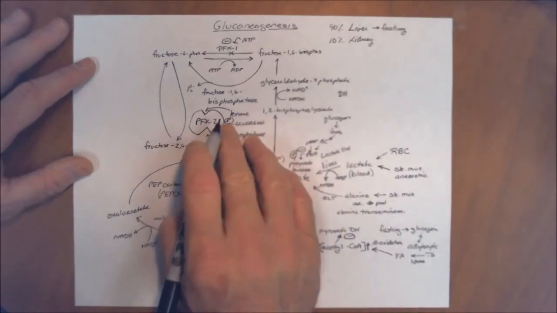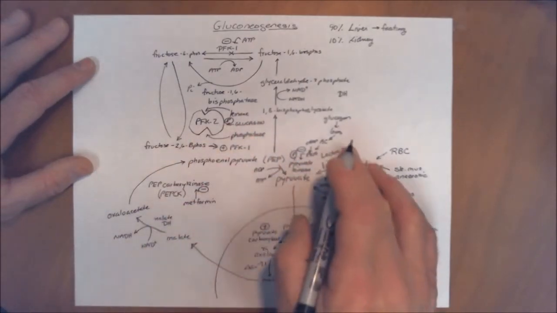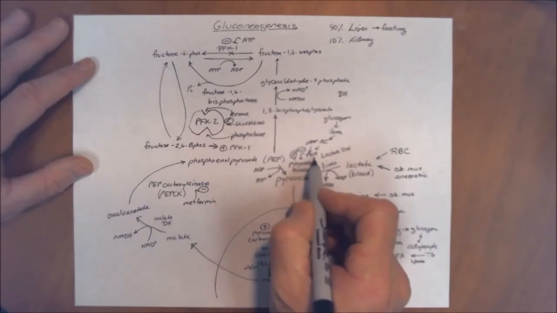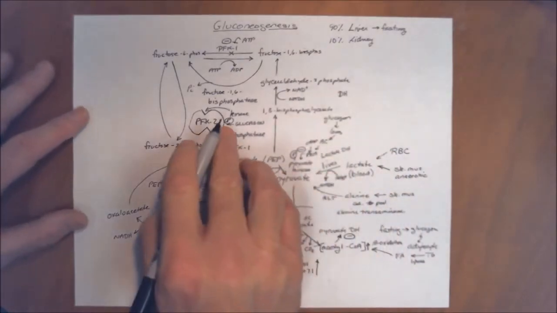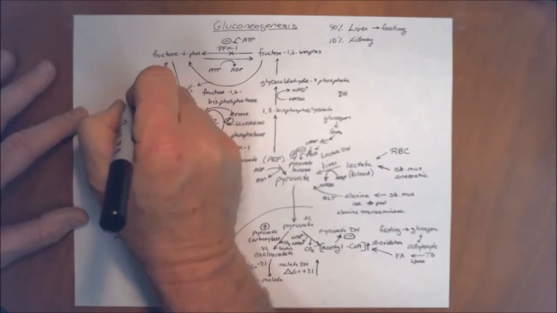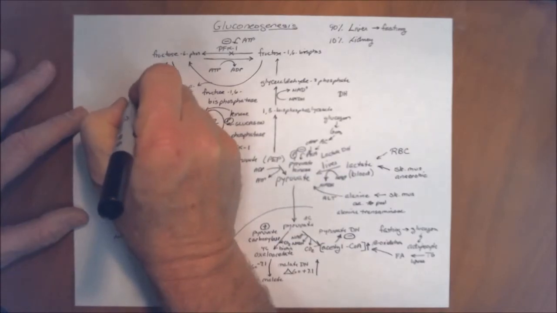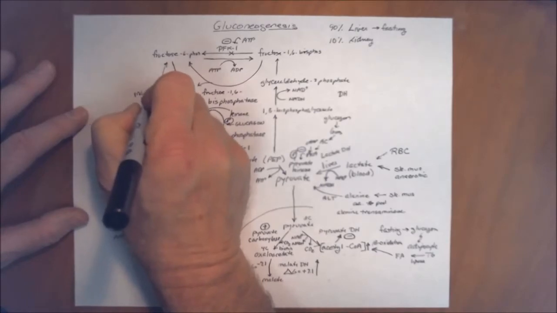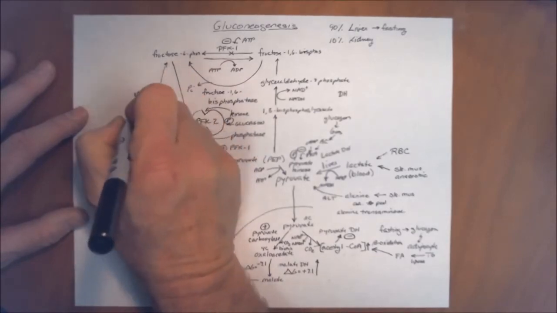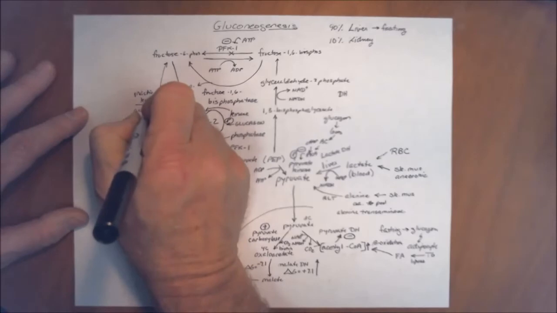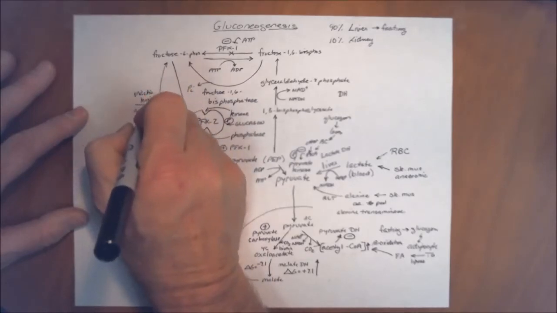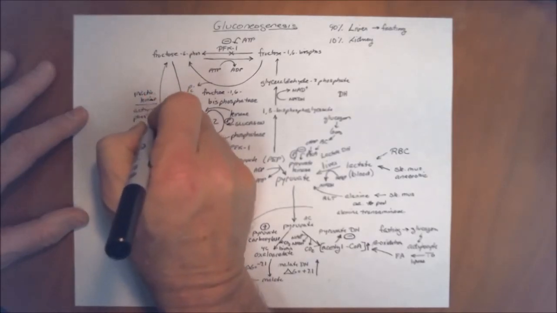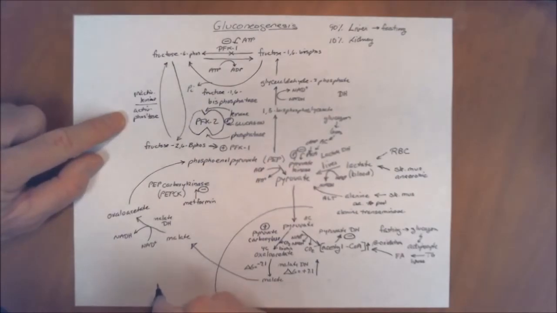This phosphorylation is mediated, of course, as glucagon signals through PKA, and this phosphorylation event will inactivate the kinase activity and activate the phosphatase activity.